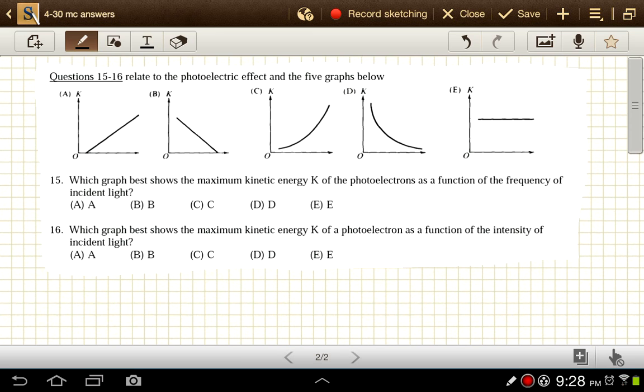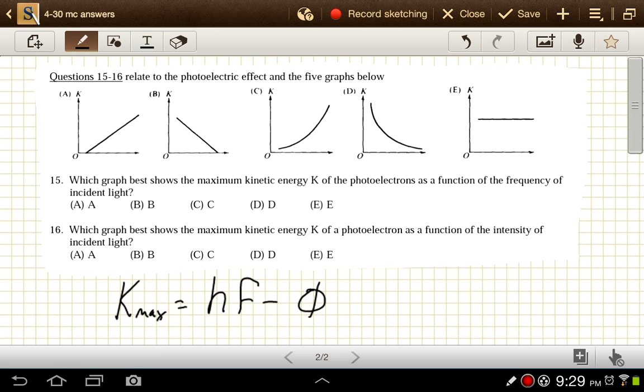So the only thing that influences how fast that electron moves or how much kinetic energy it has is going to be the energy of that photon that hits it, which is directly proportional to frequency. We can write this out in an equation. We say K max is equal to hf minus phi, where phi is that work function, h is Planck's constant, and f is the frequency.